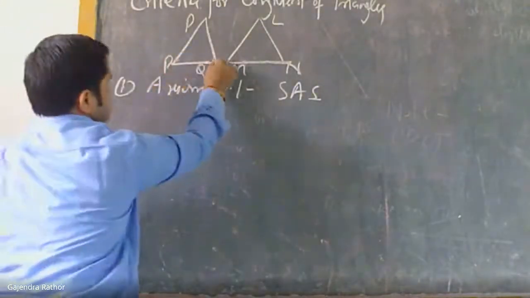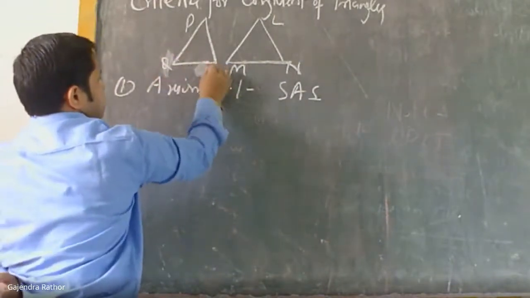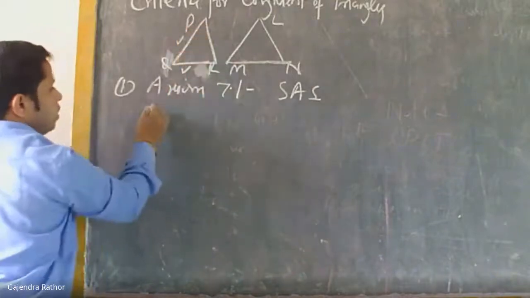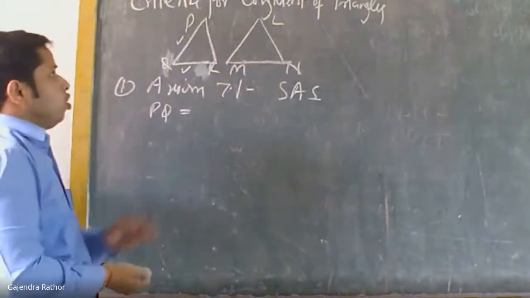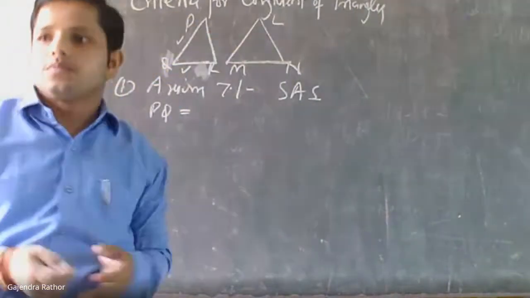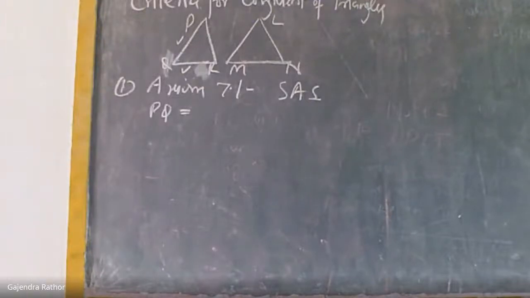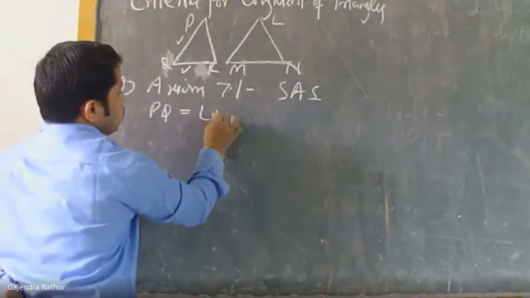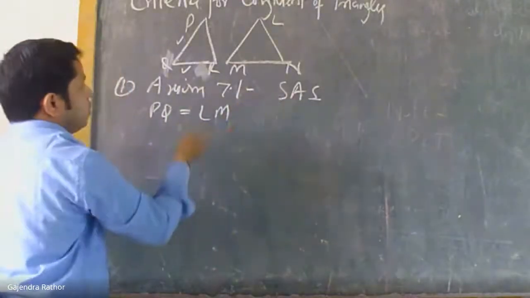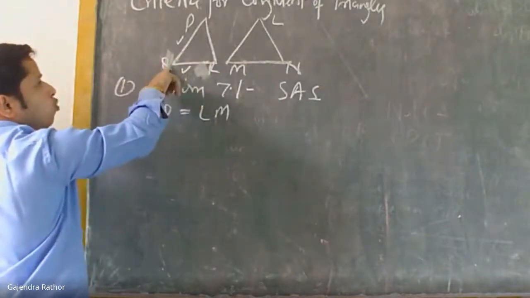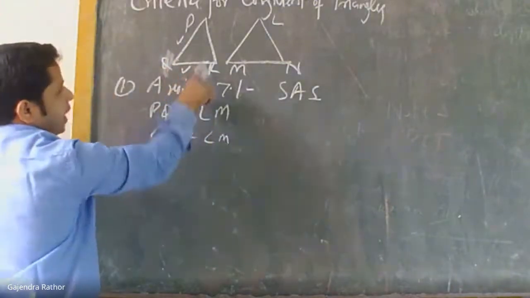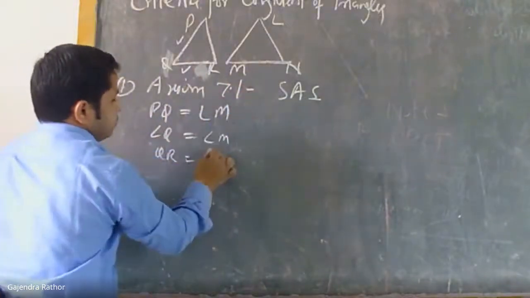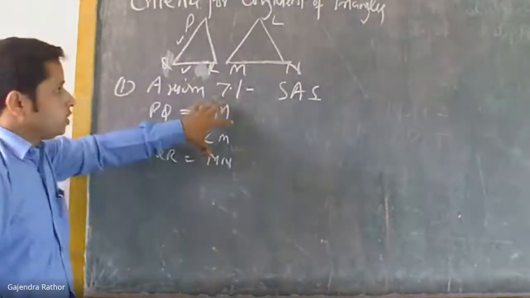Taking two sides of this triangle, if PQ is equal to the corresponding side of the second triangle, which is LM, and the second side QR is equal to MN, then the angle included by these two sides, angle Q, must be equal to angle M. We have to take the angle which is included by the sides.